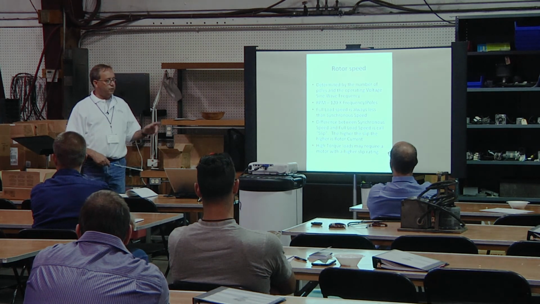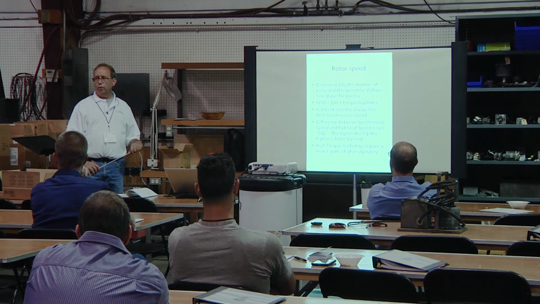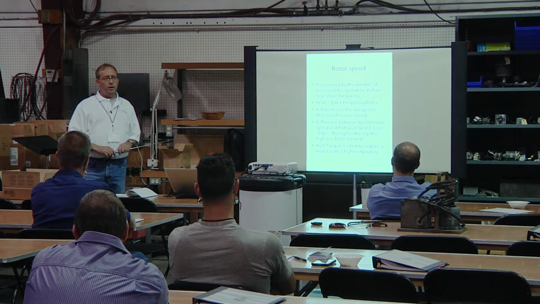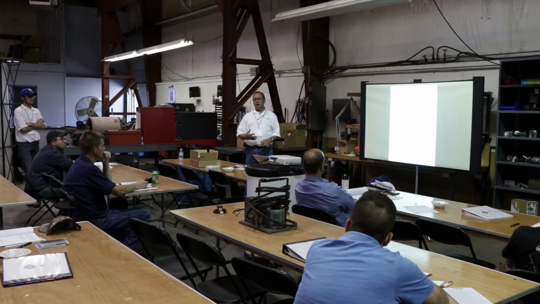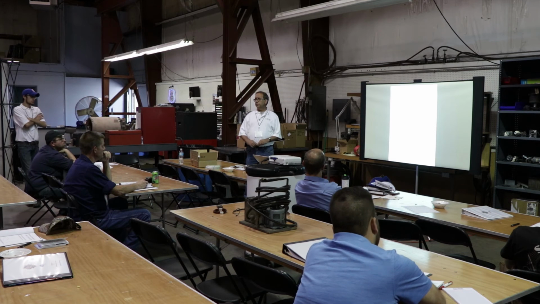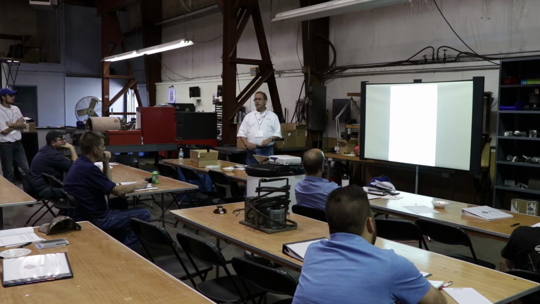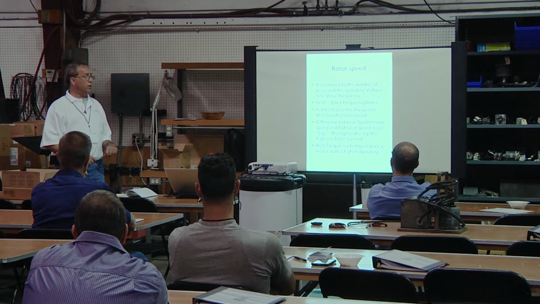You can't really use aluminum cage squirrel cage rotors for that. It'll melt them, because aluminum has a pretty low melting point. Generally those are a copper alloy, a lot more tolerant of heat, in a design D, high slip motor.